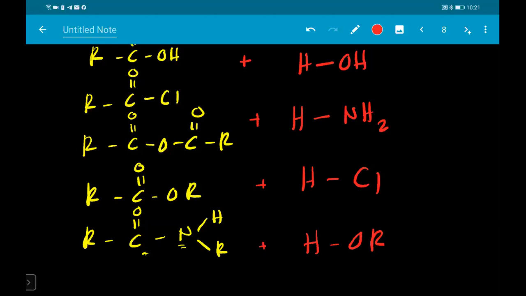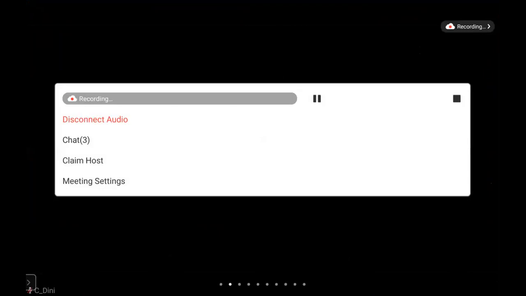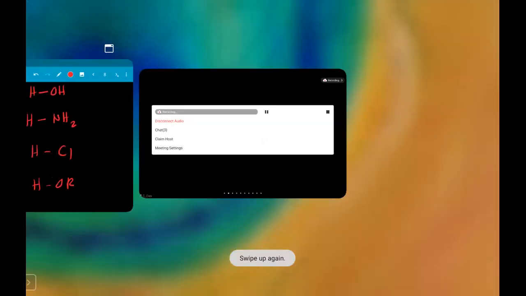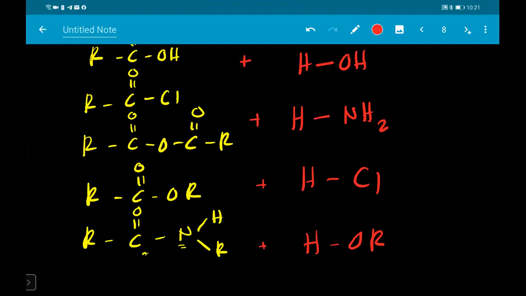HOR ni tak apa, saya bagi bantuan ni. Terbalik kan?